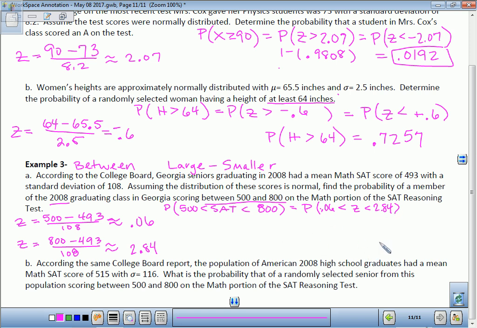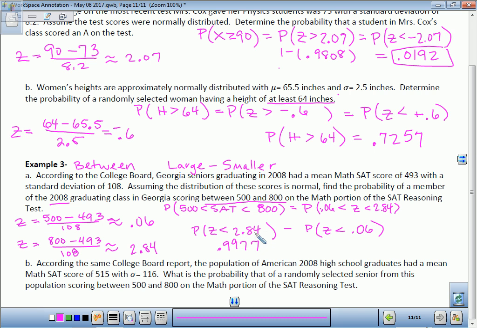So we'll start with the larger one, 2.84. Okay, and 2.84 gives us 0.9977.